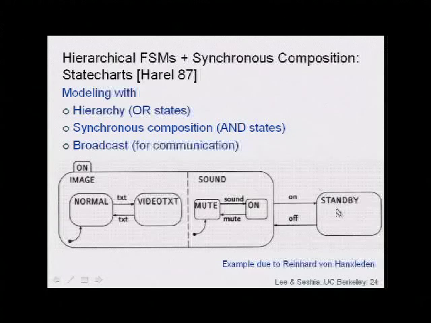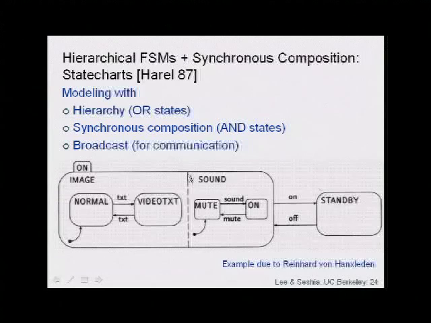So the TV starts off in standby, and these labels are interchanged. So it should be, when you get the on signal, it goes to the on mode, and then this big outermost rectangle is representing one superstate, and this superstate is something called an AND state.